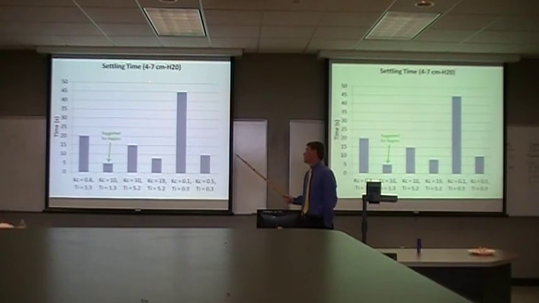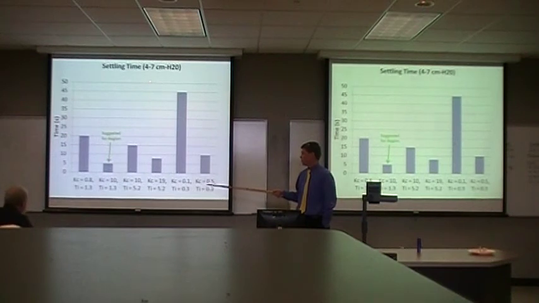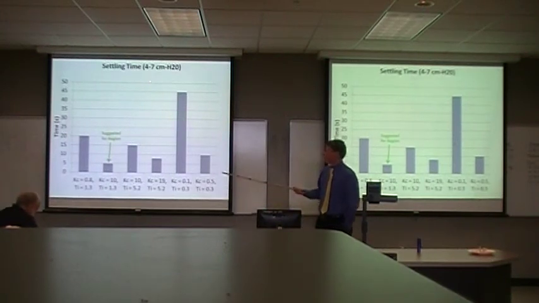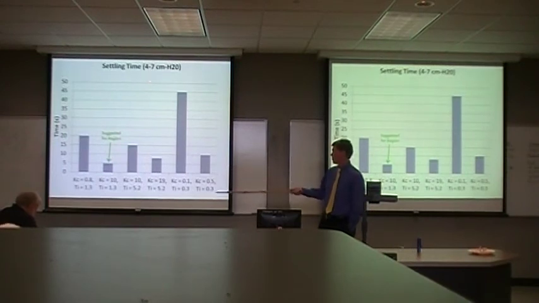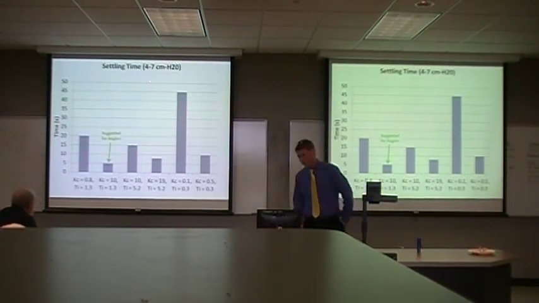For 4 through 7 centimeters H2O, the suggested for this region was Kc equals 10 and tau I equals 1.3. We picked that for this region because the settling time was the least and it was monotonic.